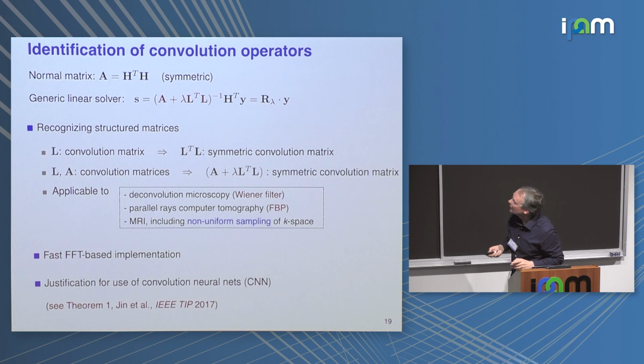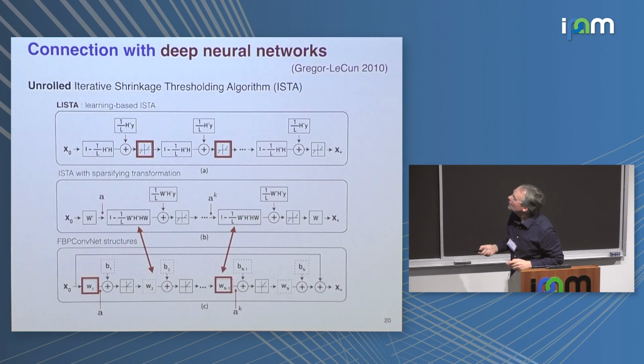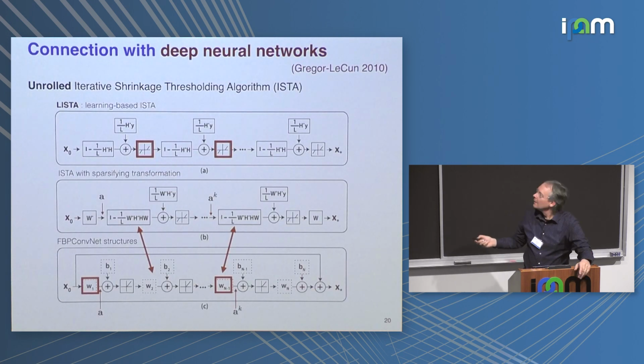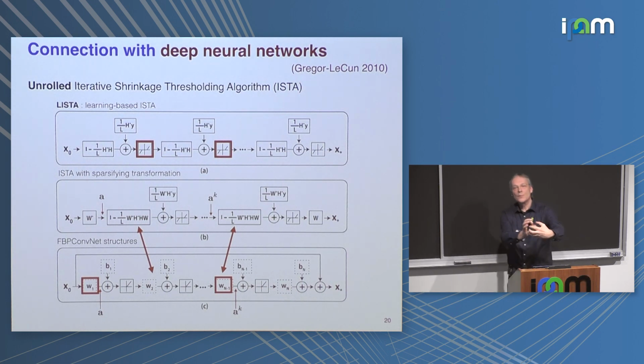And of course, many people had noted that, in particular Laplacian, very famous with neural networks. And so if you take one of these kinds of iterative reconstruction algorithms, and now if you unroll it, so write every iteration after the other, you always have this sort of linear step, pointwise nonlinearity, linear step, pointwise nonlinearity.